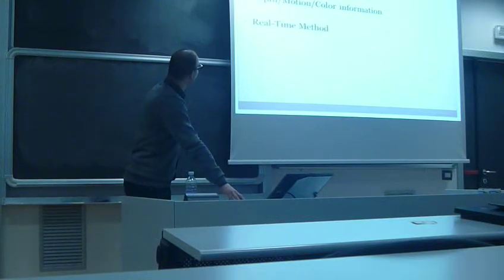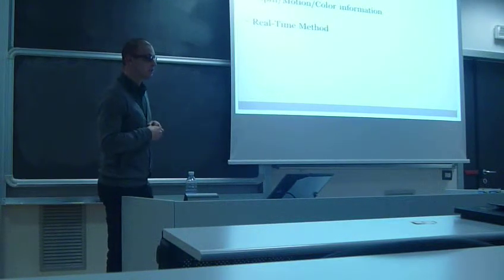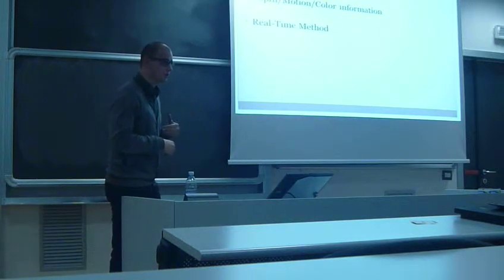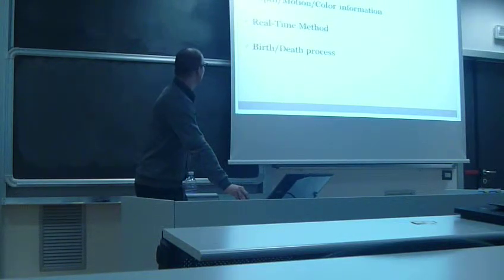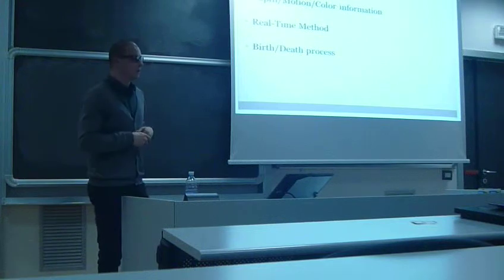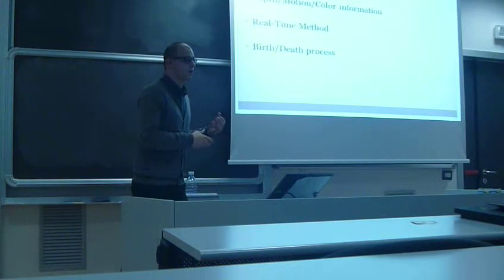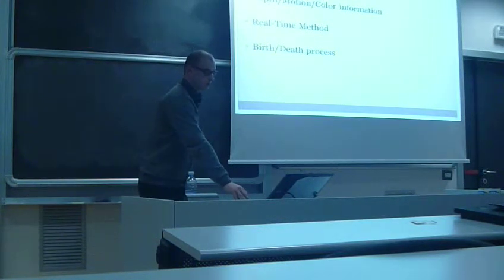We would like to make our method real time, because for the moment we are dealing with already recorded videos, and real time is another requirement for tracking algorithms. And in the end, we would like to add a birth-death process in order to deal with the entry or exiting of objects in our videos.